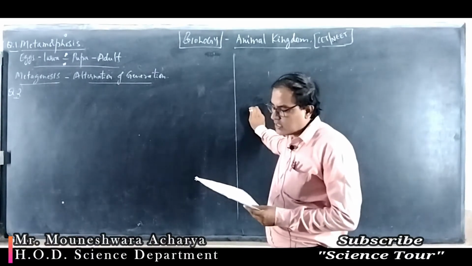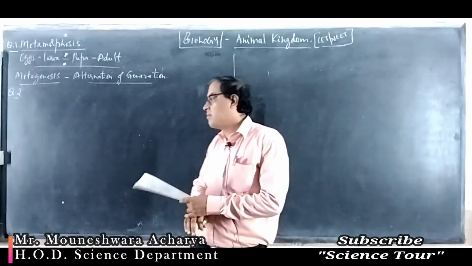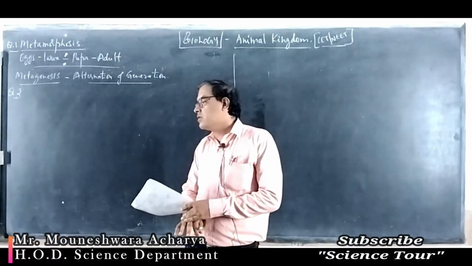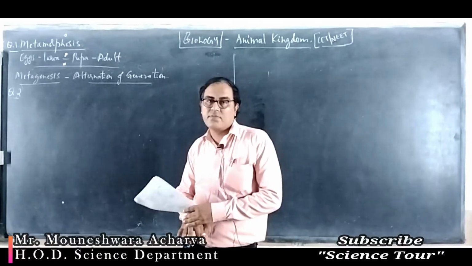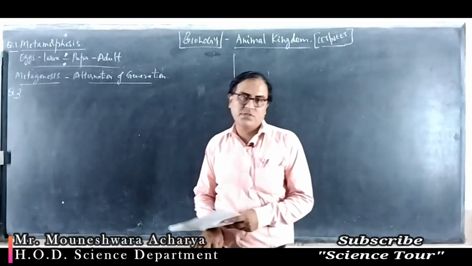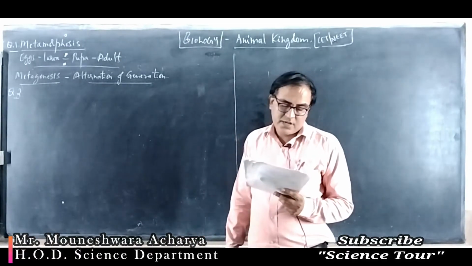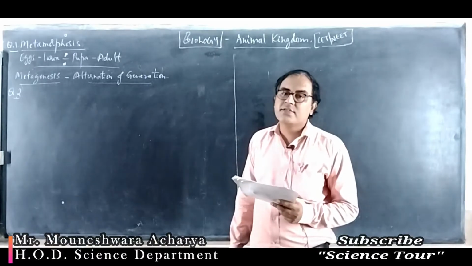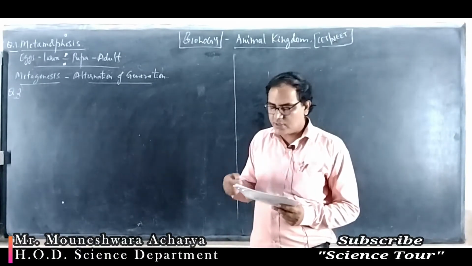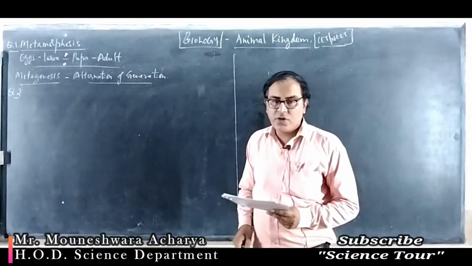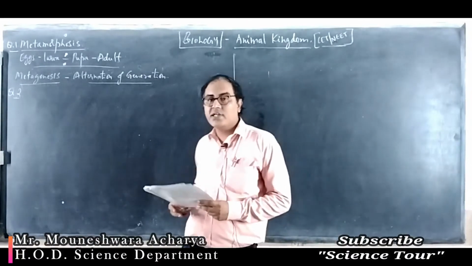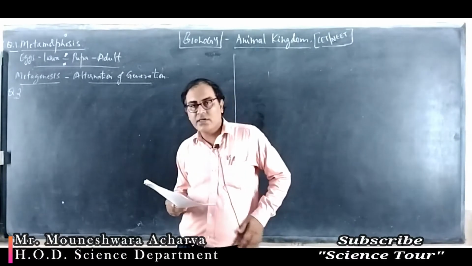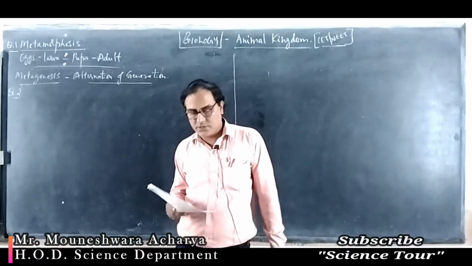Now we see D, silkworm. Sorry, butterfly is not Bombyx, silkworm is Bombyx. From which you can prepare the silk threads. From the silk threads you can produce silk sarees, silk cloths.